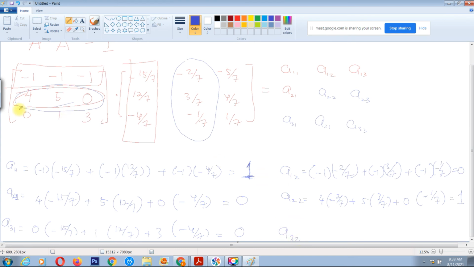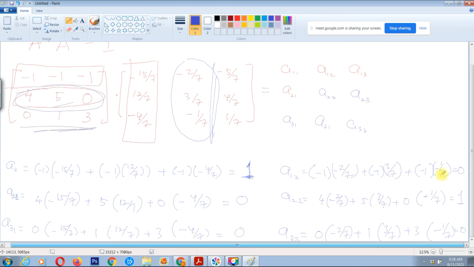Third row, second column: 0 times negative 2 over 7, plus 1 times 3 over 7, plus 3 times negative 1 over 7. So here we will get 0, right?